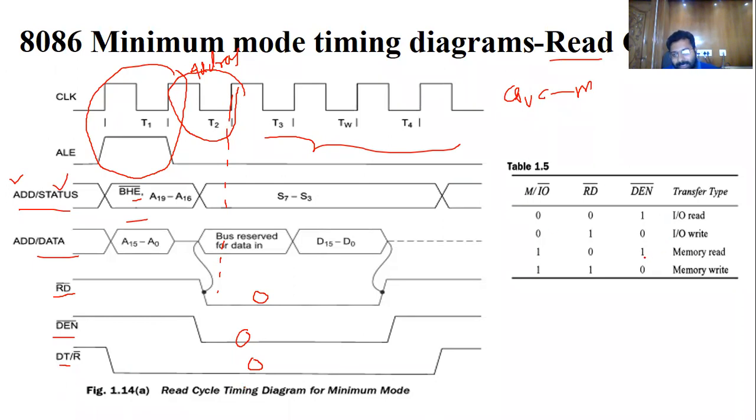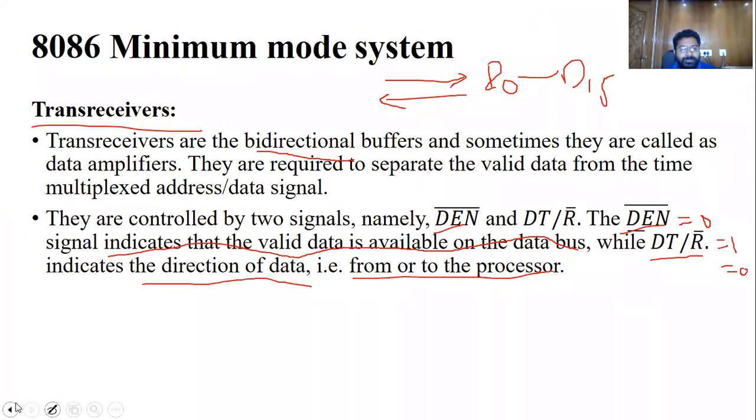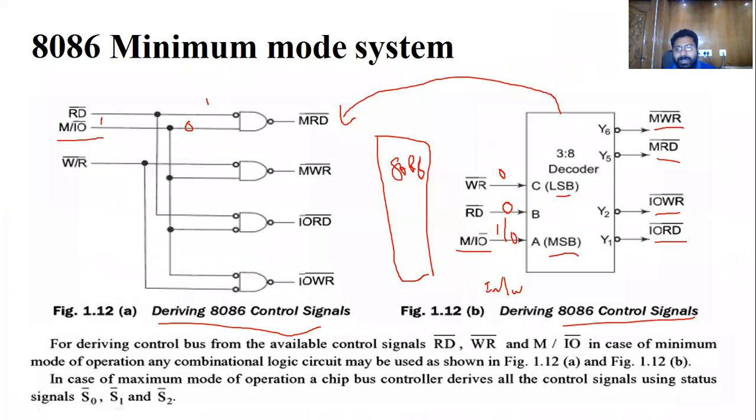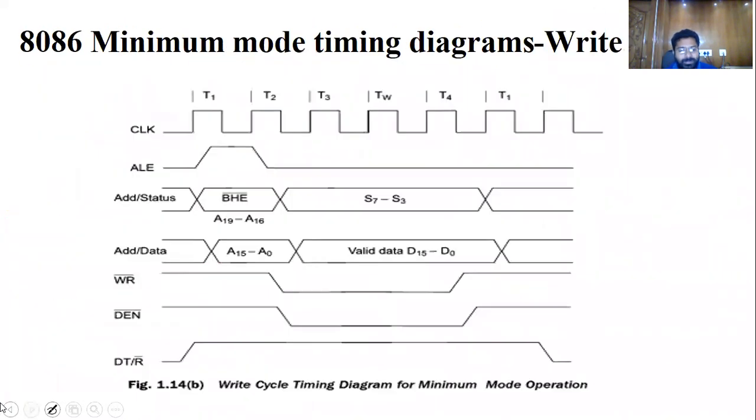So I said that in the latches diagram, you know the IO/M bar, RD bar, DEN bar. If it is 0, 0, 1, you see this diagram, the decoder circuit, with WR bar. This is a 3/8 decoder with IO/M bar, RD bar, WR bar, giving MRD bar, MWR bar, IOWR bar, IORD bar.